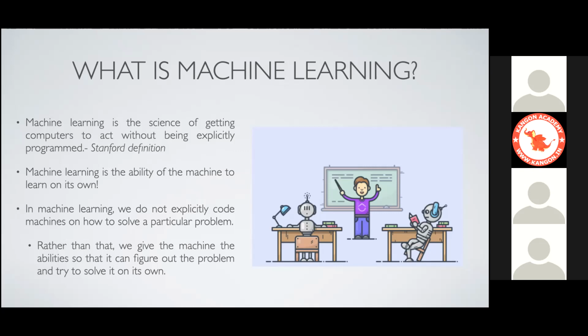But in the case of machine learning, we don't tell the computer about the process. We will give the ingredients to make a cup of tea or make an omelette to the computer. What will the computer do? It will start making the tea on its own. At first, obviously, it will not understand what is happening.